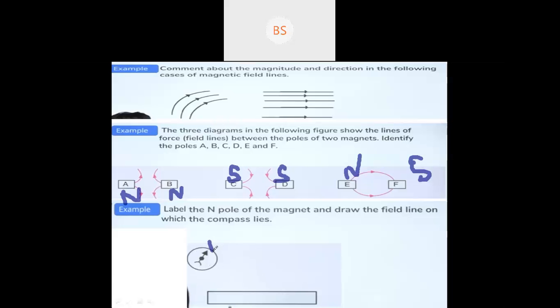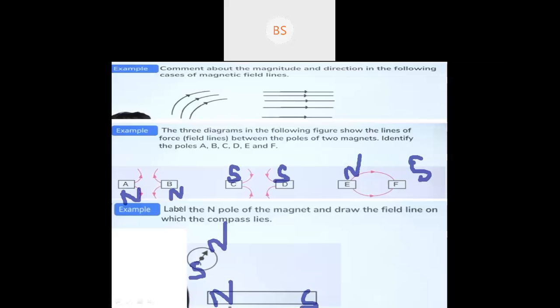So this is north, and obviously this is south. Now this is the bar magnet. If this is south, obviously it should be north here, because we know that north and south attract, and north and north repel. So near the south it should be north. So this is north and this is south, correct?